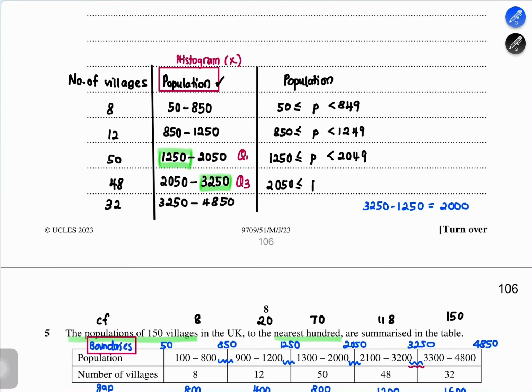Now let's check whether the 2000 is realistic, or whether I should actually be using some logic and take 3249 and minus the 1250. So if you do 3249 minus 1250, you will end up with 1999, which makes more sense to the solution.